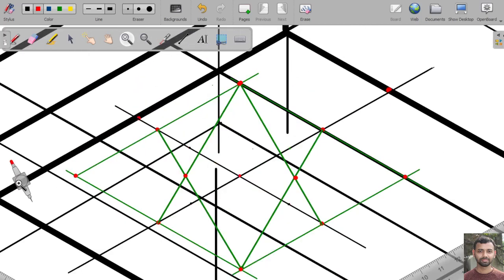So we will take the compass and we will measure this distance. Then this is one radius and this is the center. We will draw an arc over here.